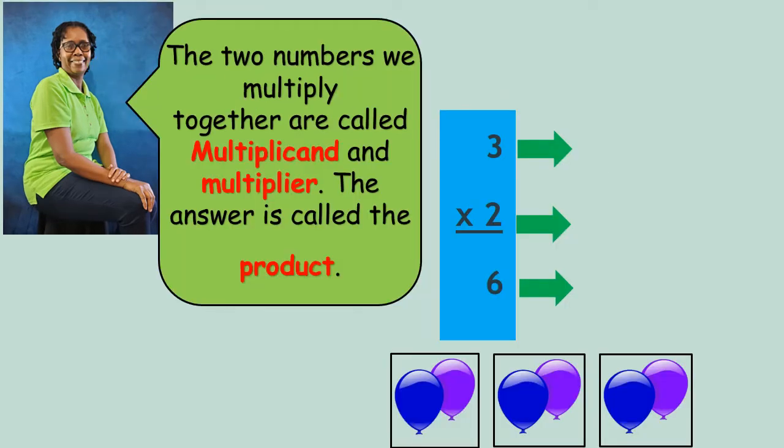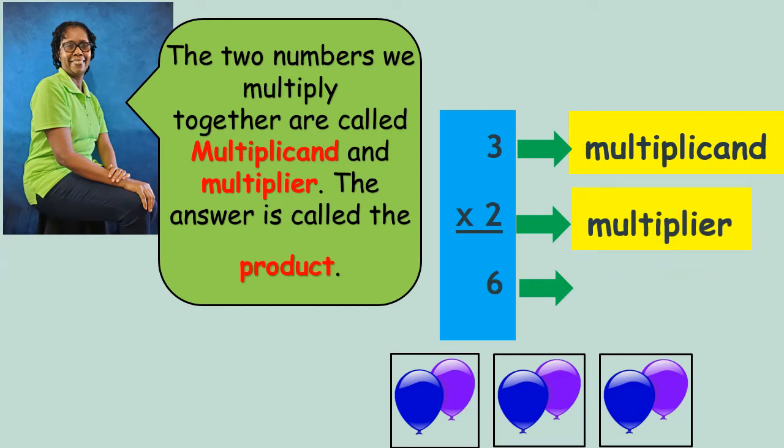Now we are going to look at some terms that we use when we are multiplying. The two numbers we multiply together are called multiplicand and multiplier. And the answer that we get is called the, anyone remember based on the song that we sang earlier? What is the answer called? Very good.